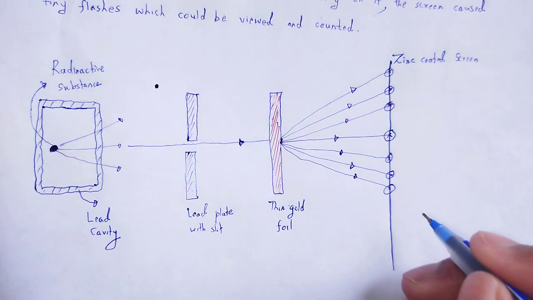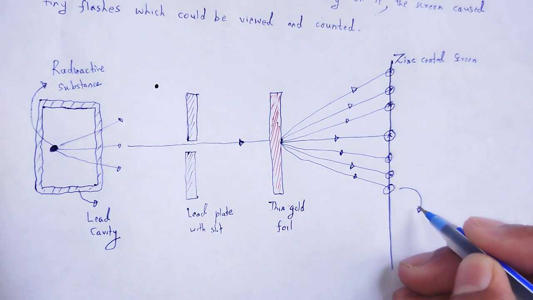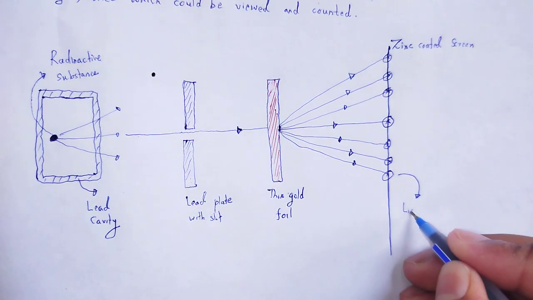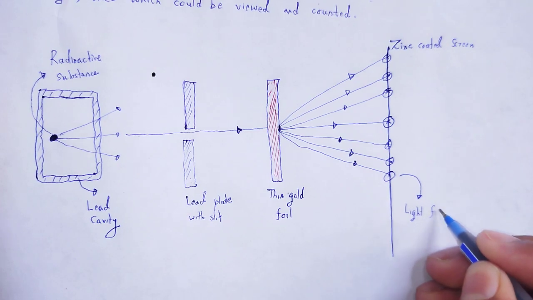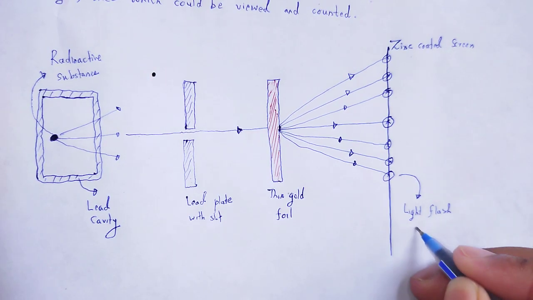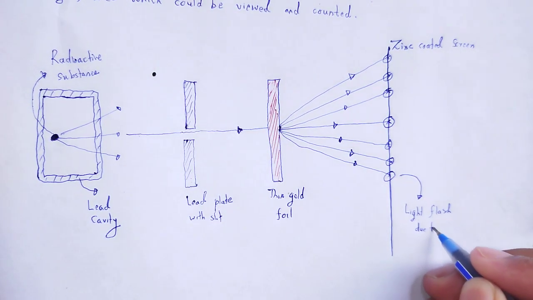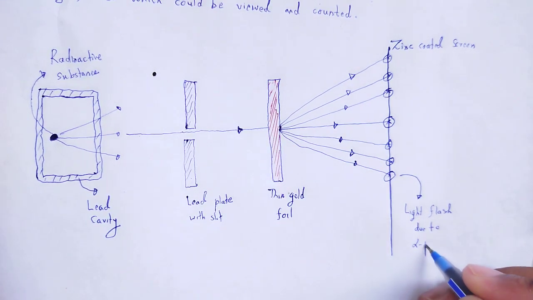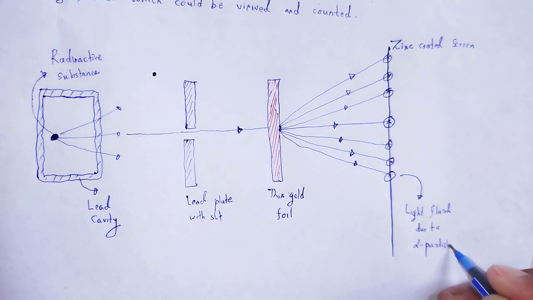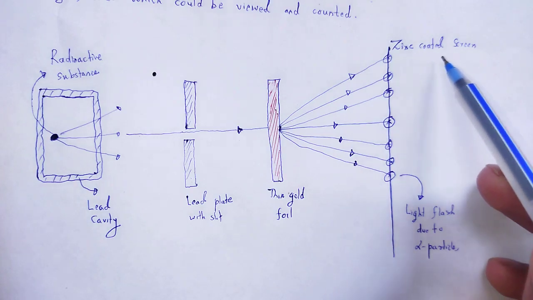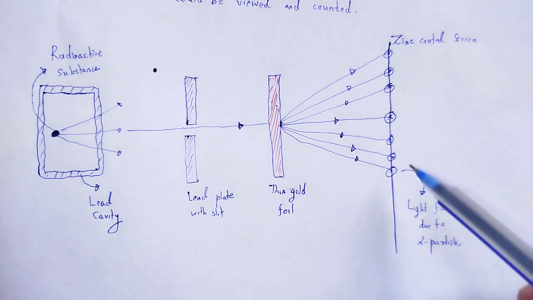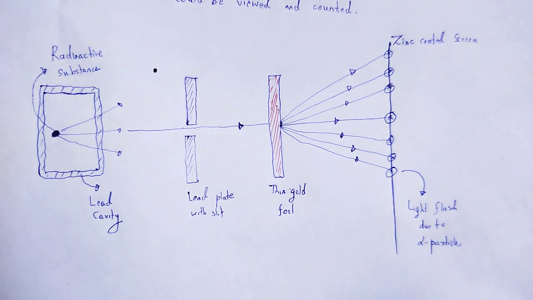These are light flashes due to alpha particles. When alpha particles strike the zinc coated screen, we see a light flash.